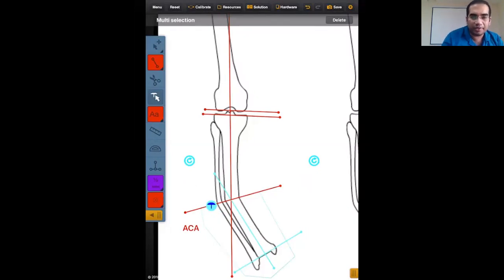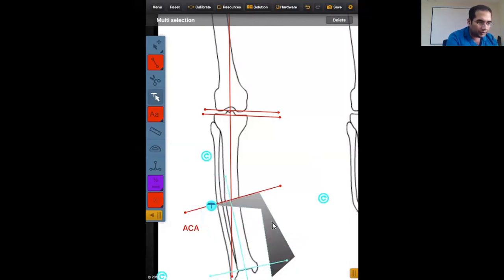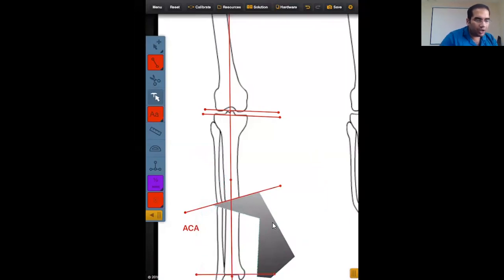So what you can do is you can move your hinge away from the bone on the convex side, and by this way you will gain extra length. This is how your correction will look like. In all this area, there has been new bone formation. So you have gained length.